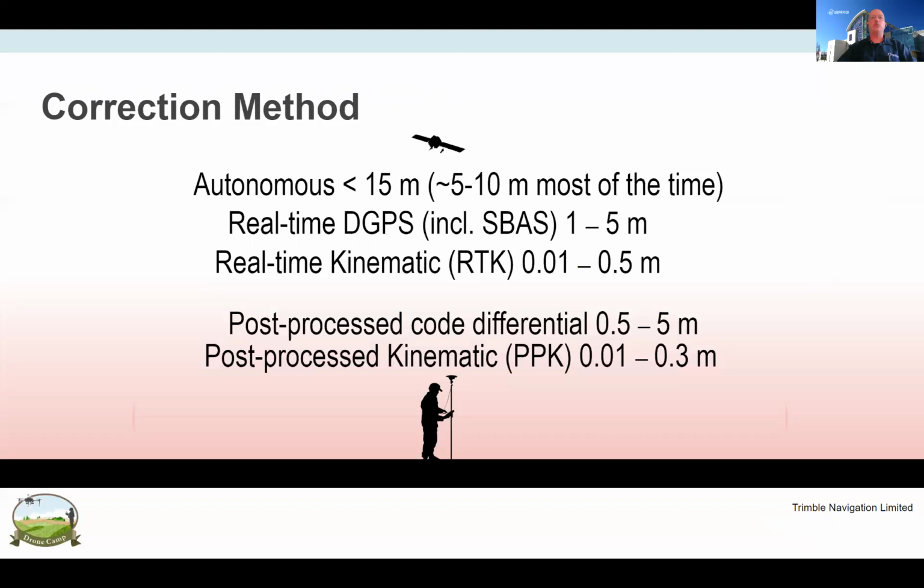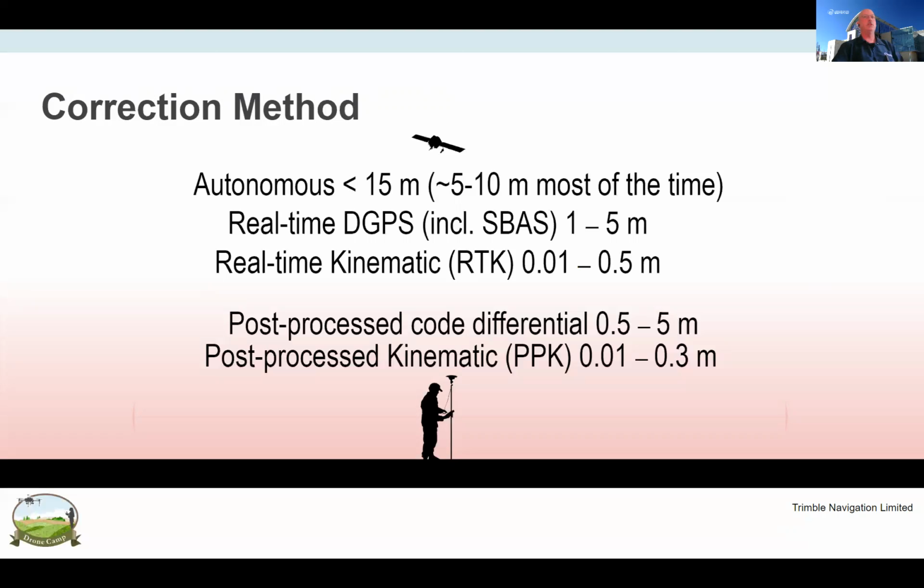In terms of post-processing or after-the-fact solutions, if we don't really care about knowing exactly to very high confidence where we are in real time, but we do need to know after the fact in order to process our drone data, then we can deal with post-processing.